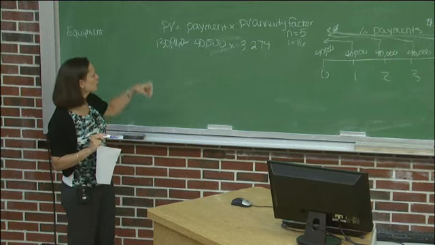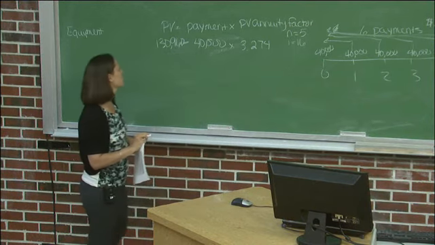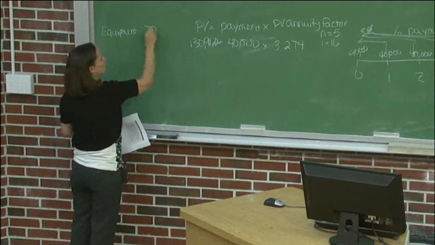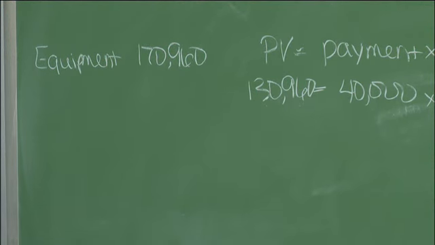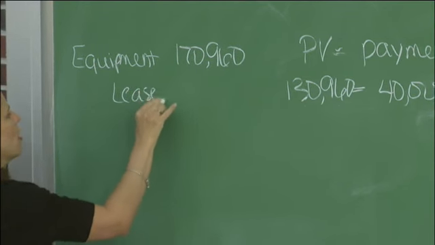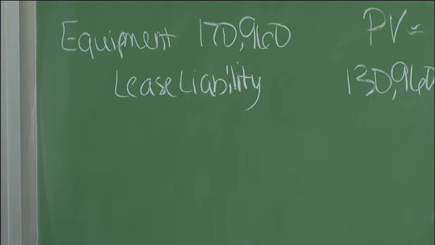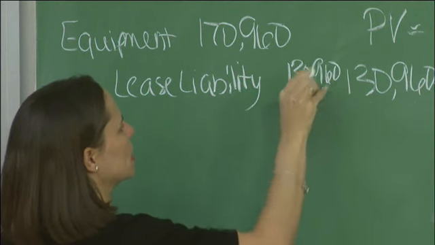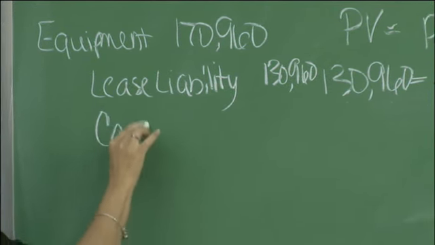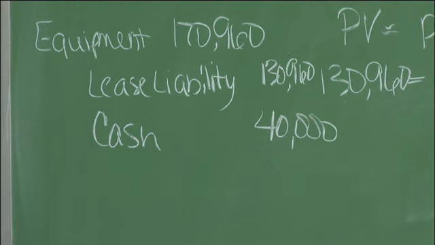So the value of our equipment is that present value plus the $40,000 that we pay today, so $170,960. So we debit equipment for $170,960, credit our lease liability for the present value of those future lease payments, $130,960, and then we credit cash for that $40,000 that we pay today.